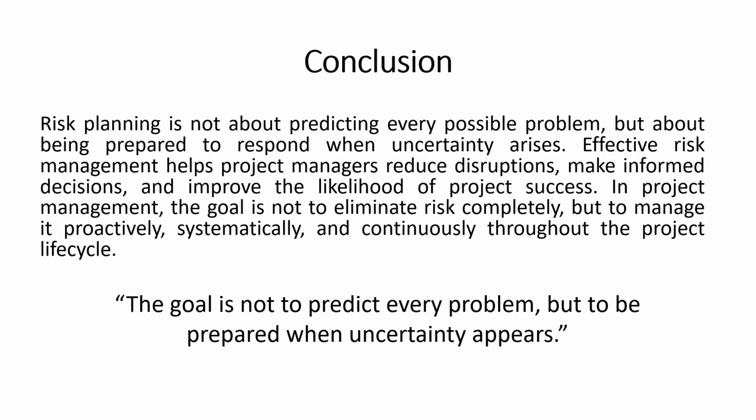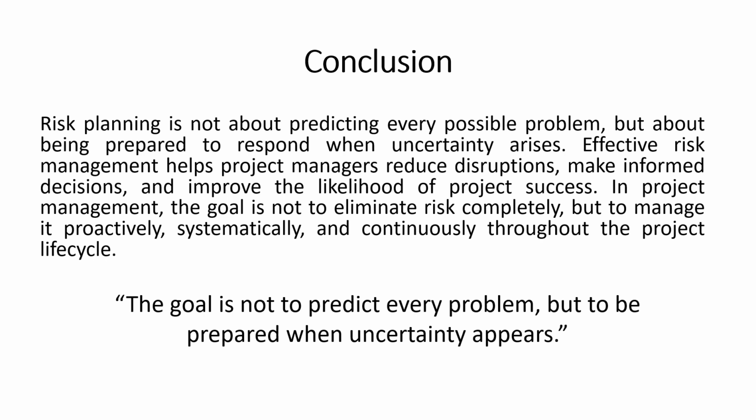Before we end this topic, let us conclude with one final reflection. Throughout this chapter, we have seen that risk planning is not about trying to predict every possible problem that may happen in a project. In reality, that is not possible. Uncertainty will always exist. What matters is how prepared the project team is to respond when uncertainty arises.